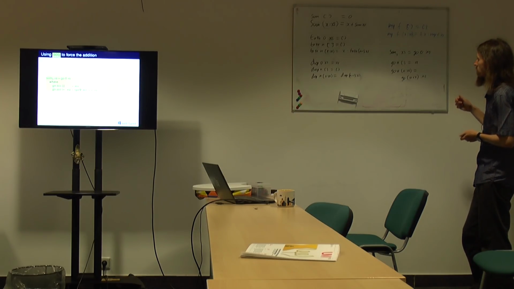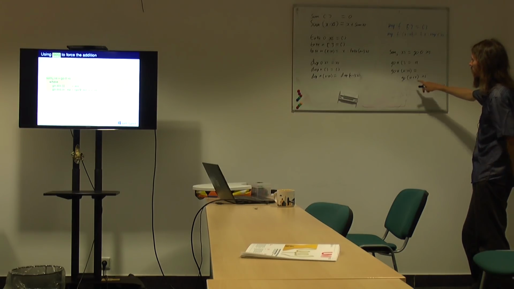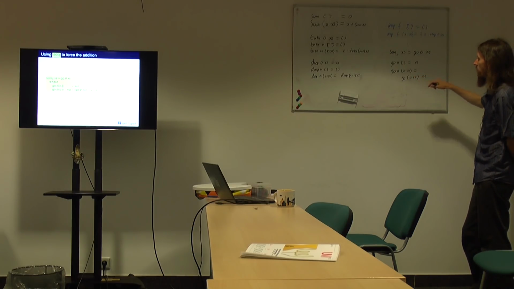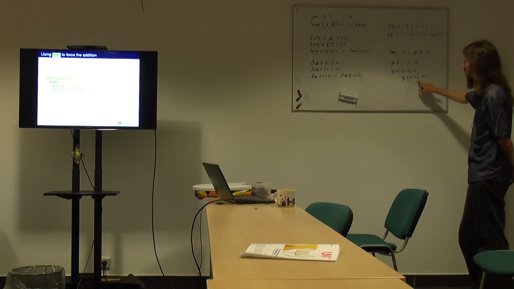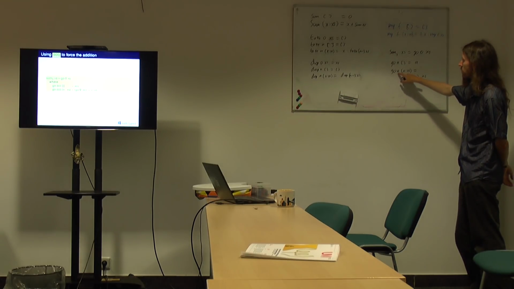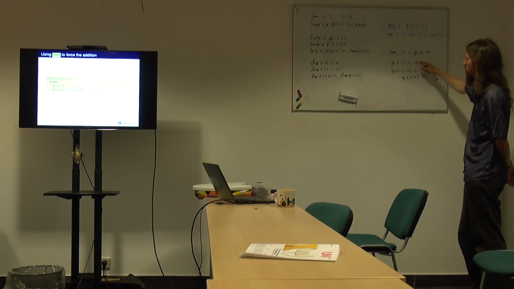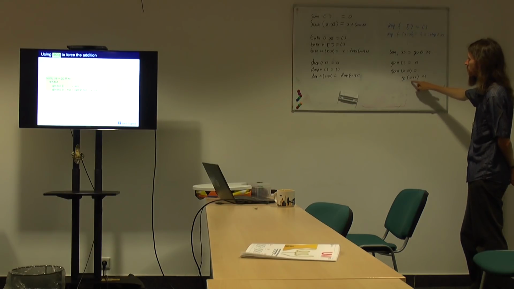Many of you will have seen this before, and you know that although this is tail recursive, it still does not run in constant space, because nothing demands A until the very end. So we build up all these thunks.